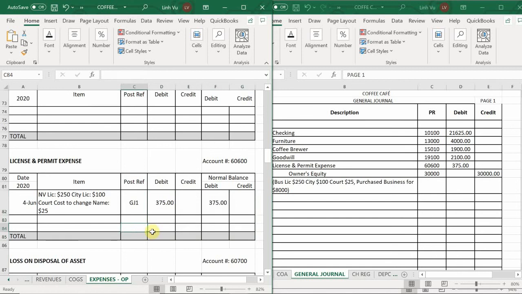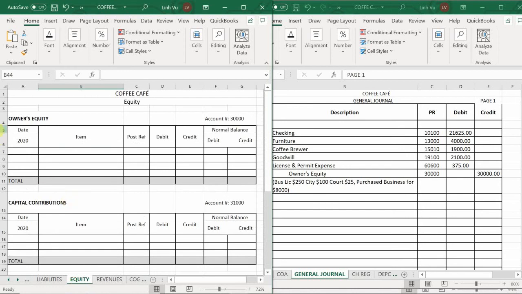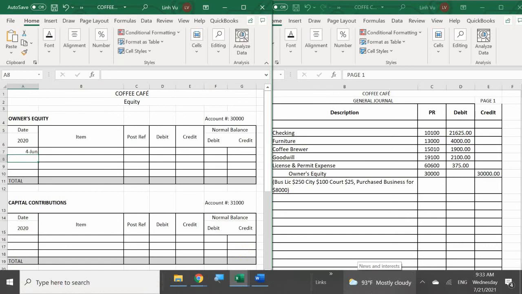All right. So then, last but not least, we have to go to our equity account. So here we are, equity. At the very top one is your owner's equity account, and we're going to put it in exactly how we see it in our journal.